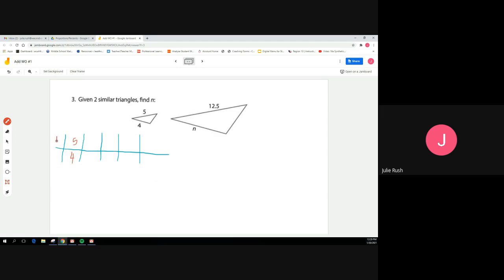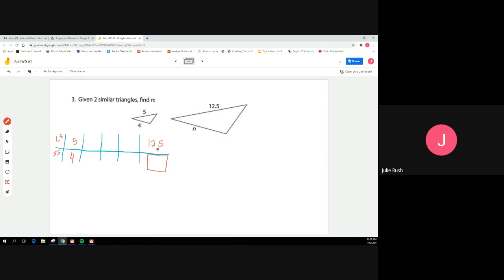So I would say this is the long side and this is the short side. Okay, long side, short side. This is my given triangle. And then I know that the 12.5 matches up with the 5 because they're corresponding sides. Okay, so our answer is going to occur right here under 12.5 after we work out our ratio table.